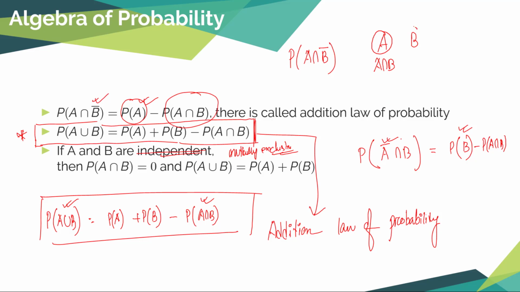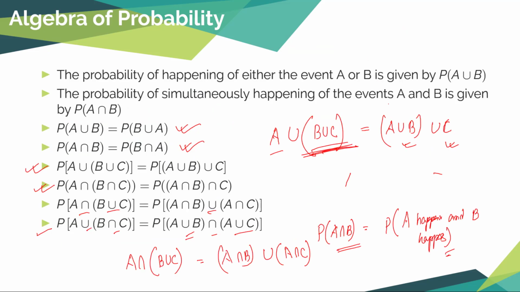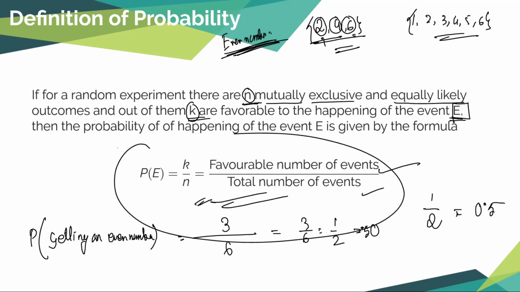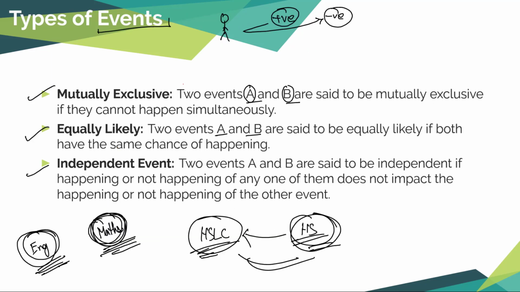Now if A and B are mutually exclusive, that means these cannot happen, and if something cannot happen, it is impossible, and the probability of an impossible event is 0, right? So there is a property: if it is an impossible event, then its probability is 0. And next one, what is mutually exclusive?